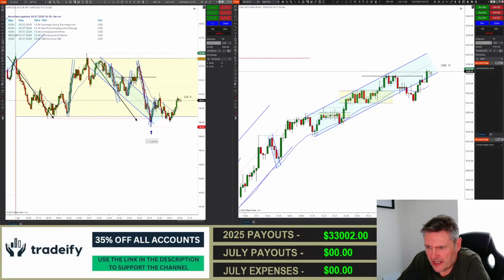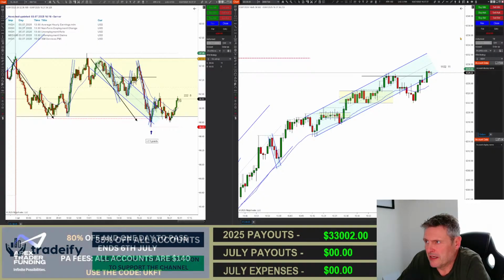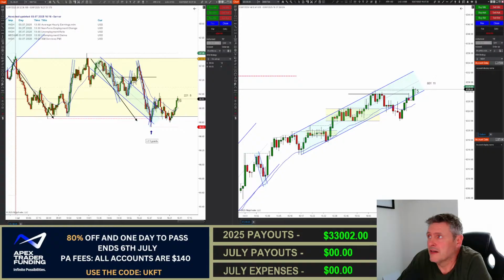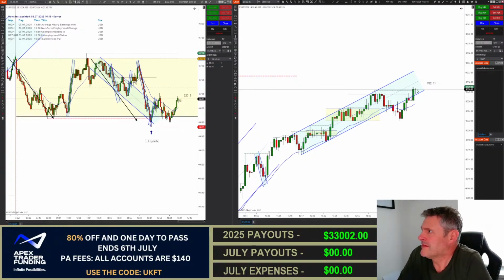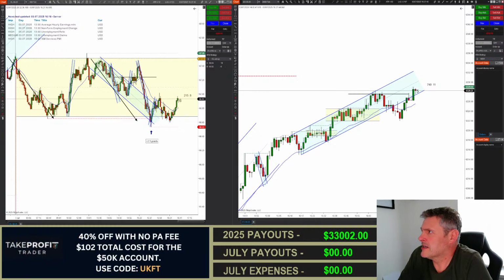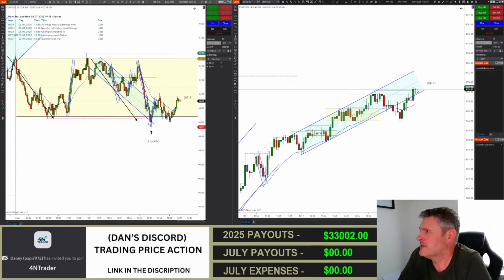Same as this, a second entry. So we got a little move down, a push up and move down. It was a second entry long, but it's just one of those things. Thomas Wade took it. He thought it was a second entry. Taylor took it. Quite a few people took it, because it's the type of setup that generally works, especially when you've got such a strong move up.